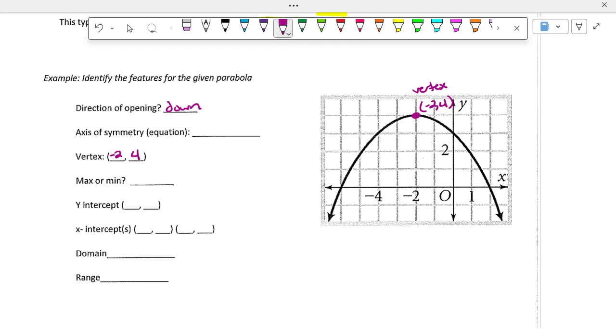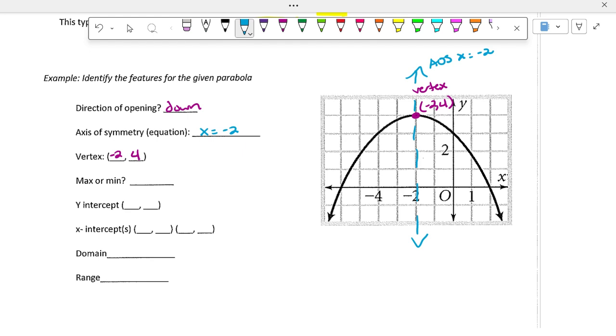So from that, we can get the axis of symmetry. So what is the axis of symmetry? Rajan. X equals -2. Good. So it would be this line right here. That's my axis of symmetry at x equals -2.